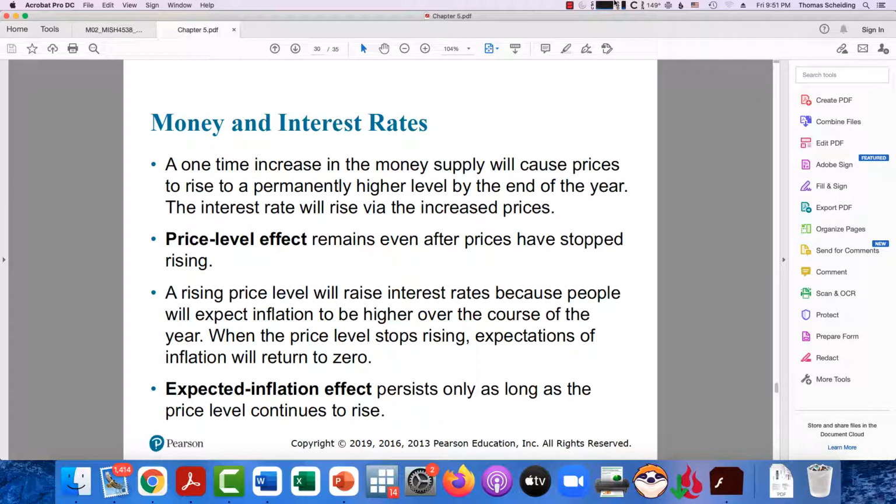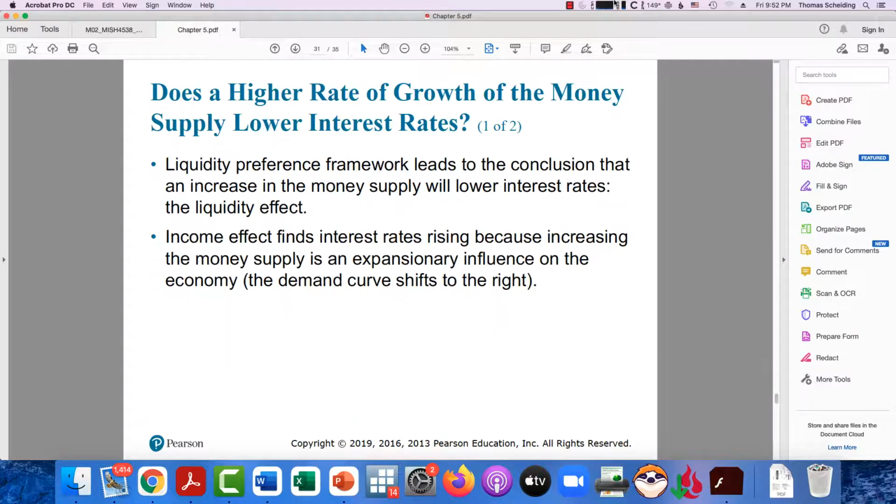The same with inflation and what you expect in the future, which is why, generally speaking, the Federal Reserve is mostly concerned about inflation as opposed to GDP levels and unemployment. Their biggest concern is always inflation. Because if that domino falls, generally all the other dominoes will fall as well.